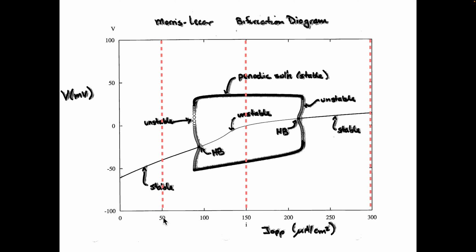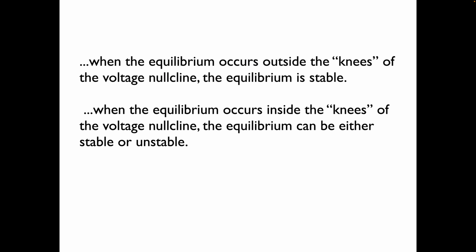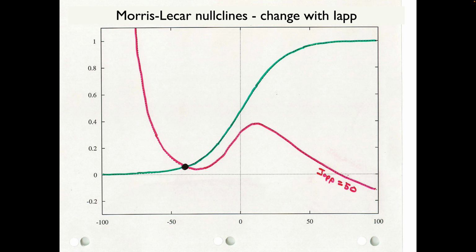And for a given value of the applied current, we're going to ask, what does the system do? What are the equilibria that are possible for that value of the applied current? When the applied current was 50, the only equilibrium was this stable equilibrium that was relatively hyperpolarized, and it was occurring at the intersection of those two null lines. Right, that's this one.